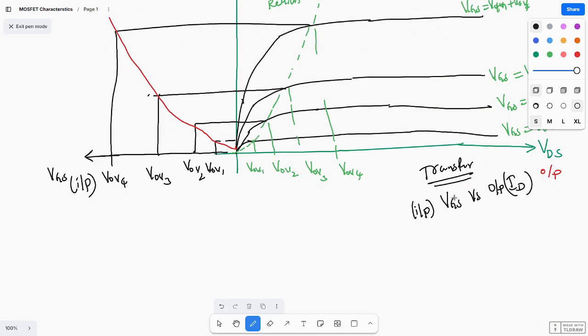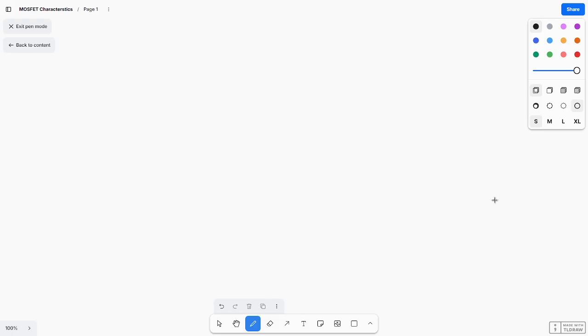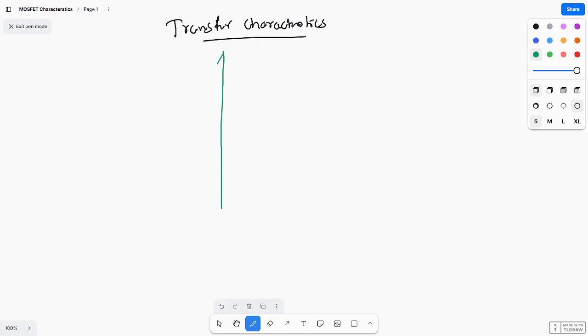Okay. So next I will go with the transfer characteristics. Transfer characteristics means whatever I have drawn, I will write here. So this is my drain current ID with respect to the input voltage.